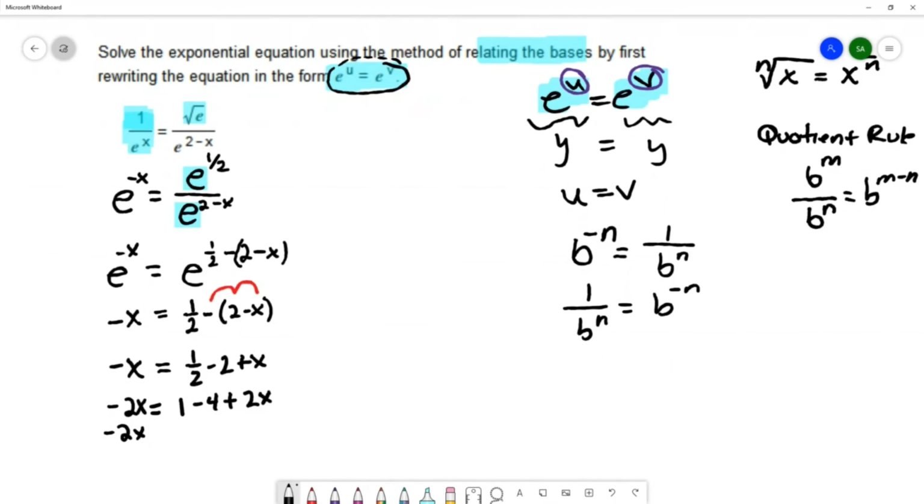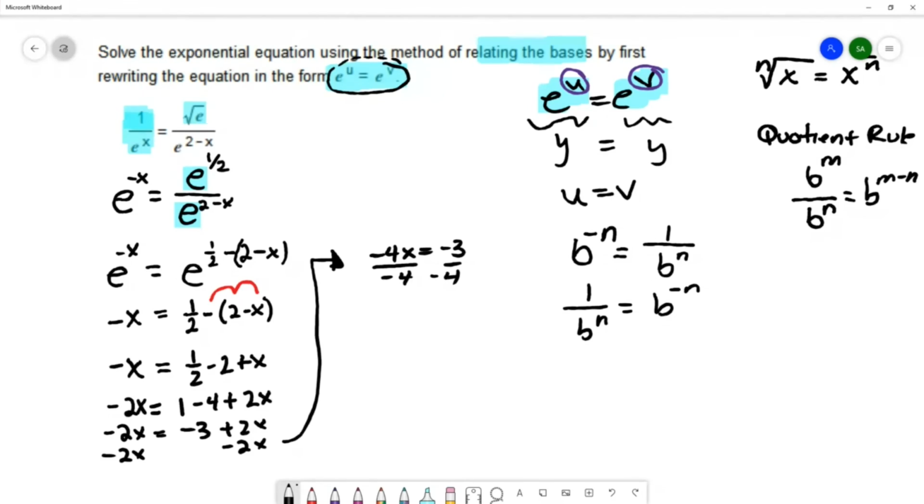I have negative 2x equals negative 3 plus 2x. I will subtract 2x on each side. And that will give negative 4x equals negative 3. Divide by negative 4 on both sides, and we have x equals 3/4. And x equals 3/4 is the solution to this equation.